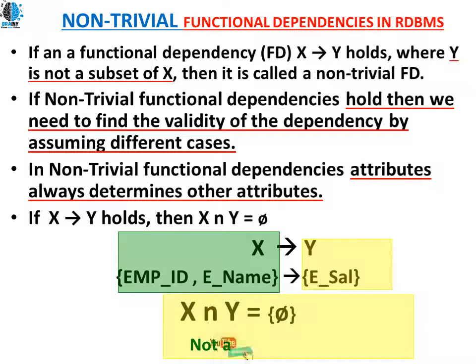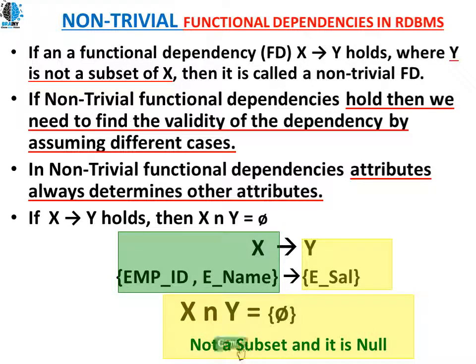So Y is not a subset of X, as well as it is a null set. The intersection of X and Y in non-trivial functional dependency is always a null set, because as you can see in the example, employee name and employee ID are different in X, whereas in Y it is employee salary.